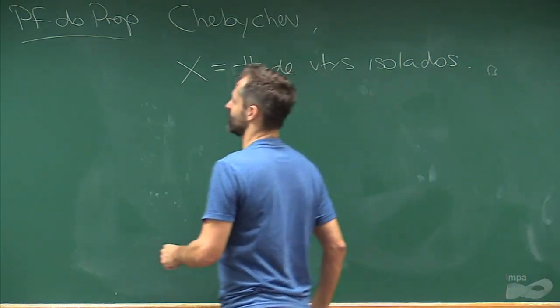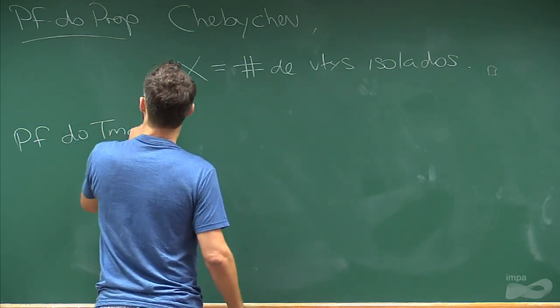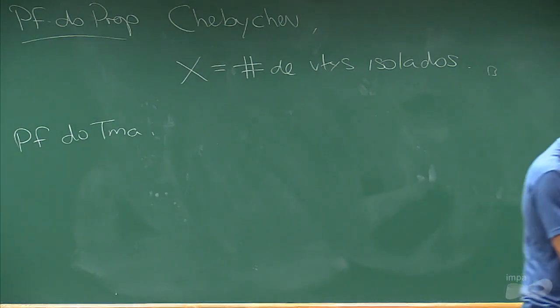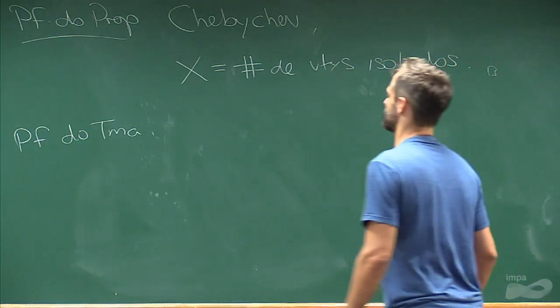Okay, proof of the theorem. So the question, as always, is what do you want to count? When you're trying to prove something about the random graph, what you should do is try to count something. You should choose the correct thing to count. That sounds like a good idea, right? Let's count.